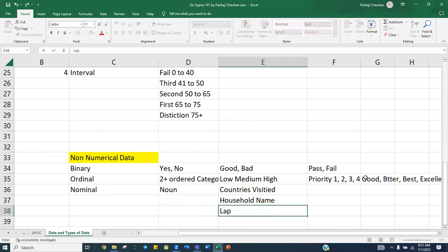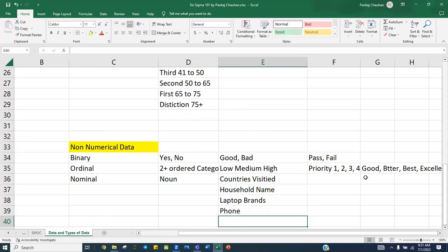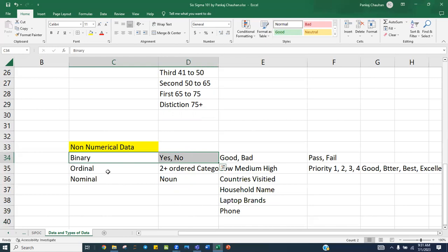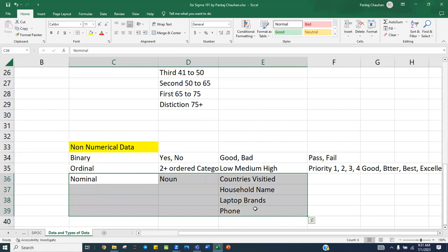The laptop brands you own are nouns. Even any kind of phone you are holding is a noun. So any kind of name, which is the name of a person, a place or a thing, is called nominal data, which means categorical clearly. So in non-numerical data, we have three categories: binary, ordinal, and nominal. That's how we decide our total data.